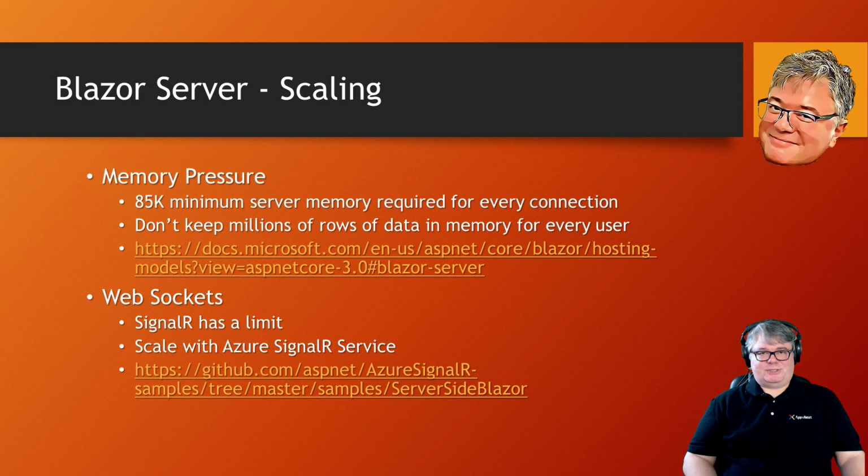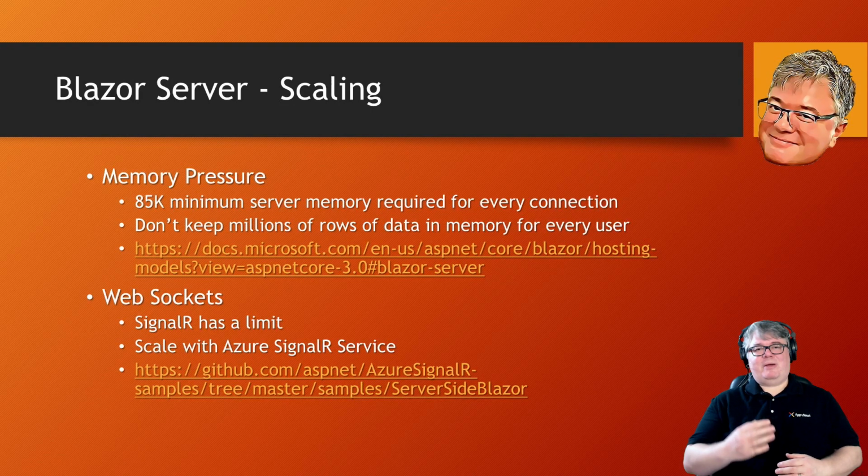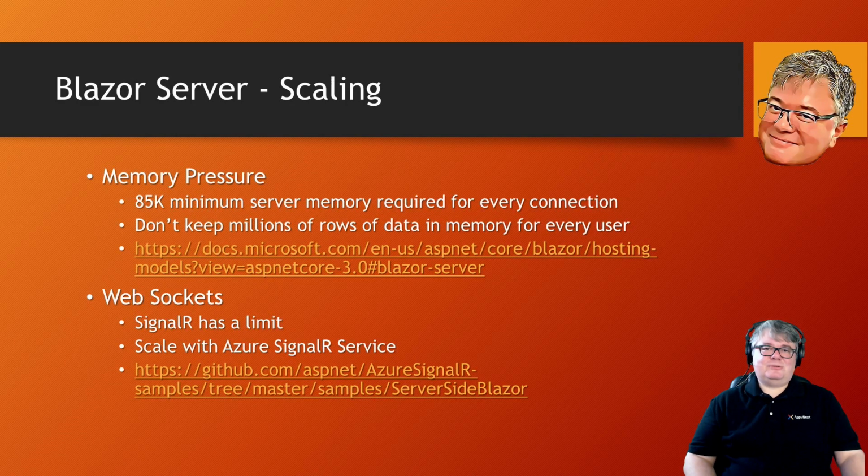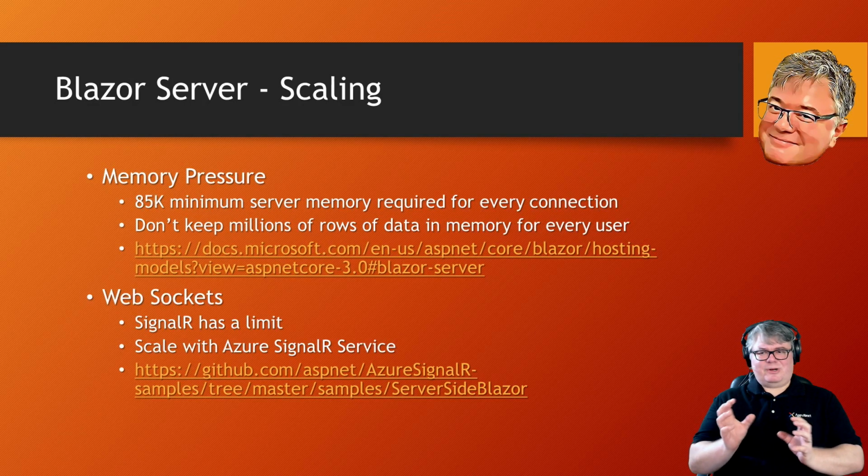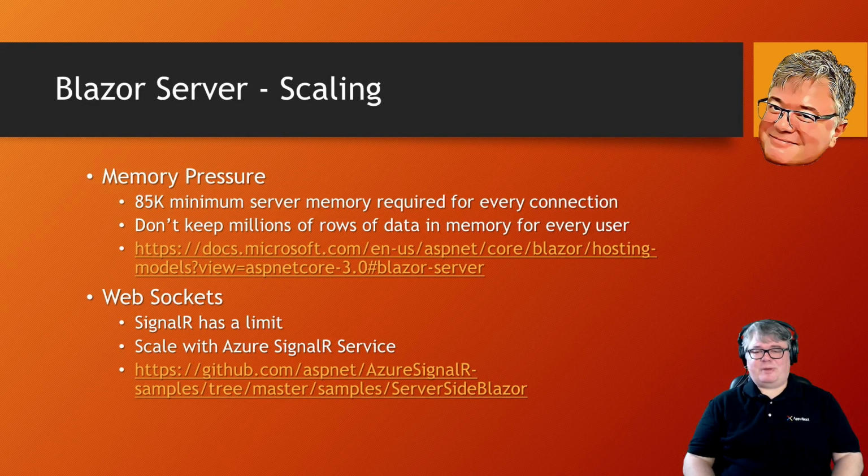WebSockets are also a precious resource, and there is a limit, and it's limited by memory and CPU. And so on the same box, if you add more memory and more CPU, you'll be able to handle more clients. But if you really want to scale out, or you just want to remove the SignalR part from Blazor Server, you can use SignalR Service. So Azure SignalR Service is a SignalR server, sort of, but it's the server part, it's the hub, but it lives outside in Azure space somewhere.